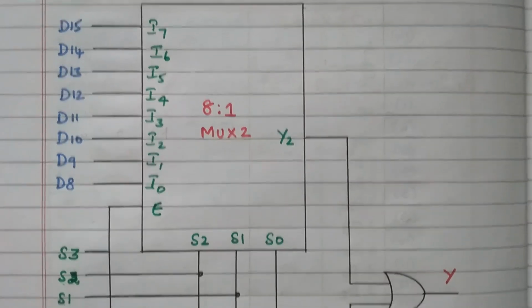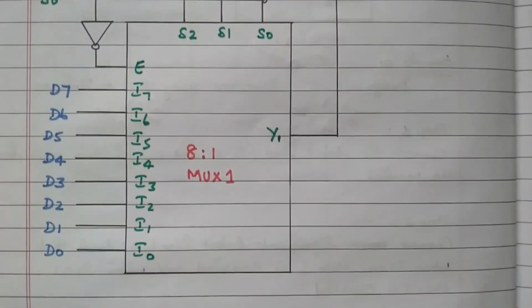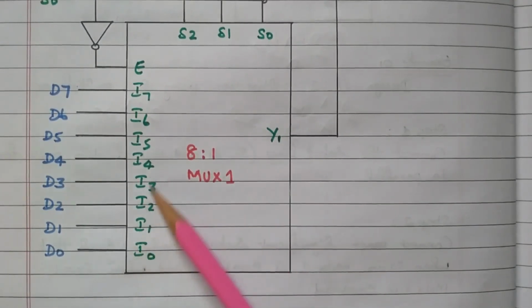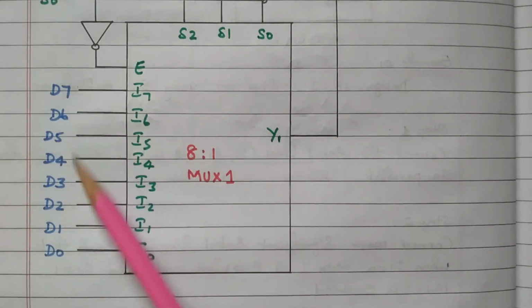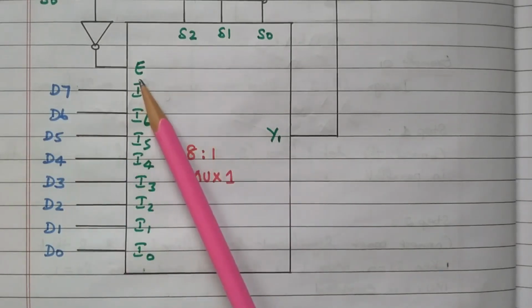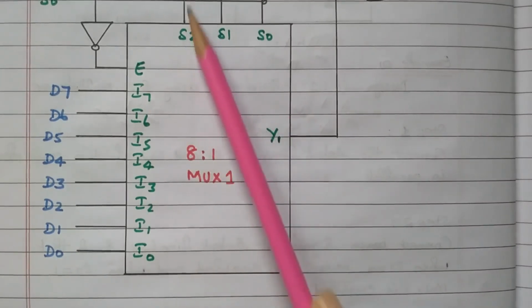Now we'll go to mux 1, the first 8:1 mux. So here also we have another 8 data starting from LSB: D0, D1, D2, D3, D4, D5, D6 and D7. That output is Y1. The enable is also available, then S2, S1, S0. This is connected in parallel.